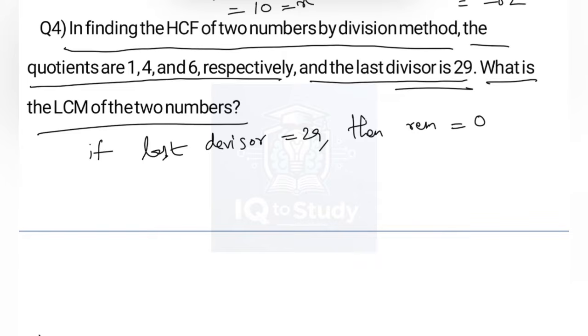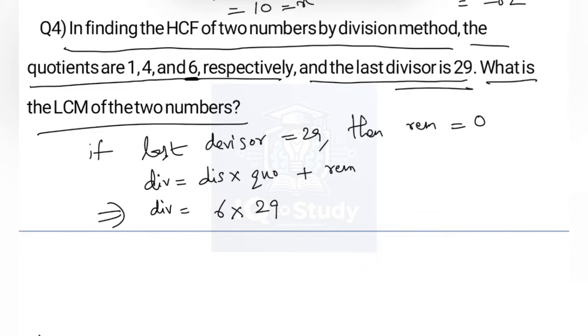Then it can be written in the formula dividend is equal to divisor into quotient plus remainder, which implies dividend is equal to six, which is the last quotient, into 29, which is divisor, plus remainder 0, which is equal to 174.